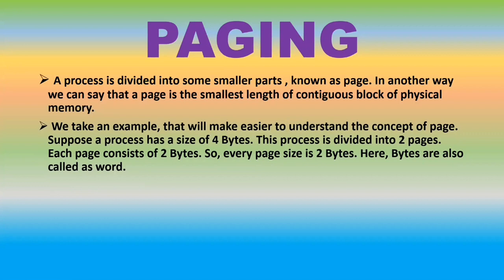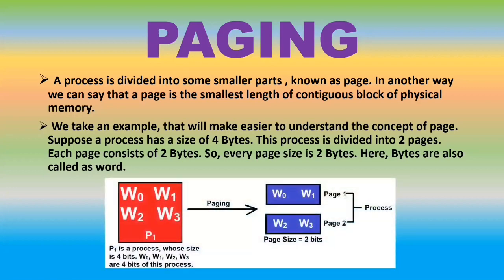I will give a diagrammatic explanation; I think it will also make it easy to understand how a process is divided into pages. According to our previous assumptions, P1 is the process, denoted by the red block, and W0, W1, W2 and W3 are the 4 bytes of the process P1.